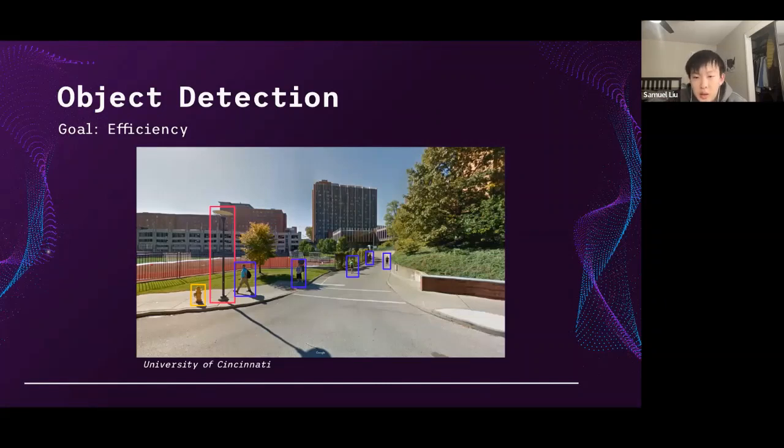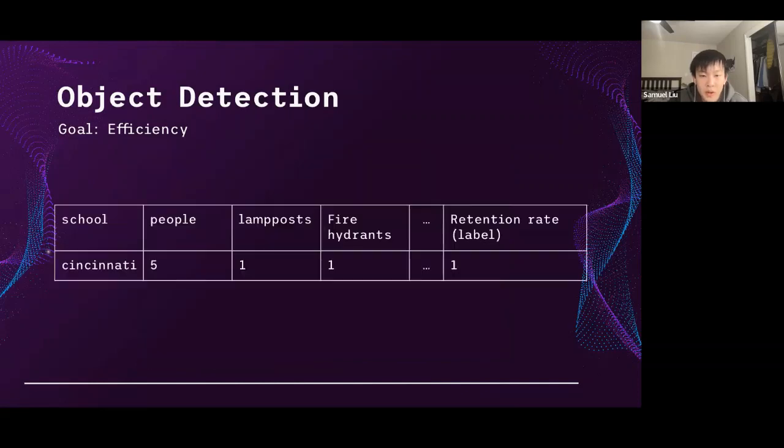So here we can see one of our Google Street View images from the University of Cincinnati, and the object detection model has detected some objects such as the 5 people, the lamppost, and the fire hydrant, and it put them into a graph, which is on the next slide.